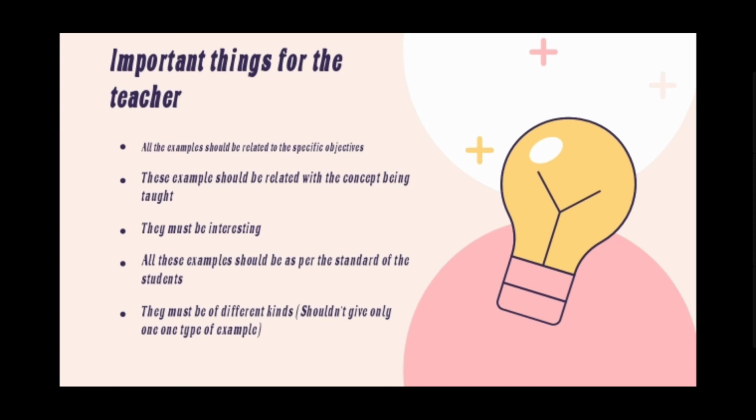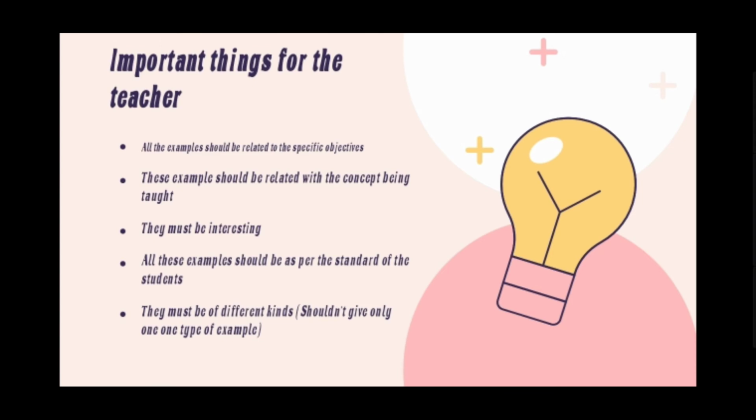Okay, for the next matter about precaution. Important things for the teacher: the first, all the examples should be related to the specific object. And next, the examples should be related with the concept being taught.